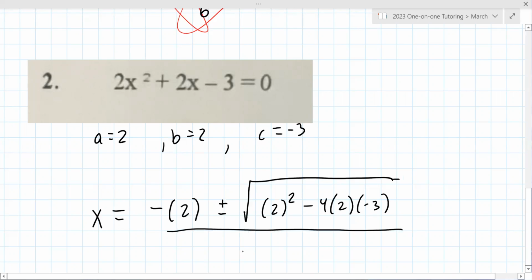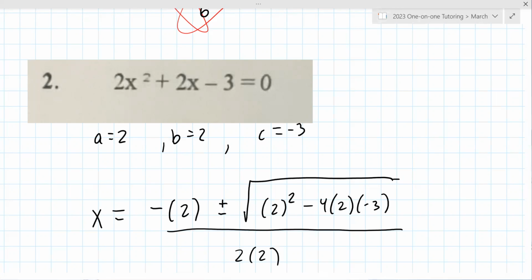So what I want you to do is focus on the part that's inside under the root and tell me what that becomes.